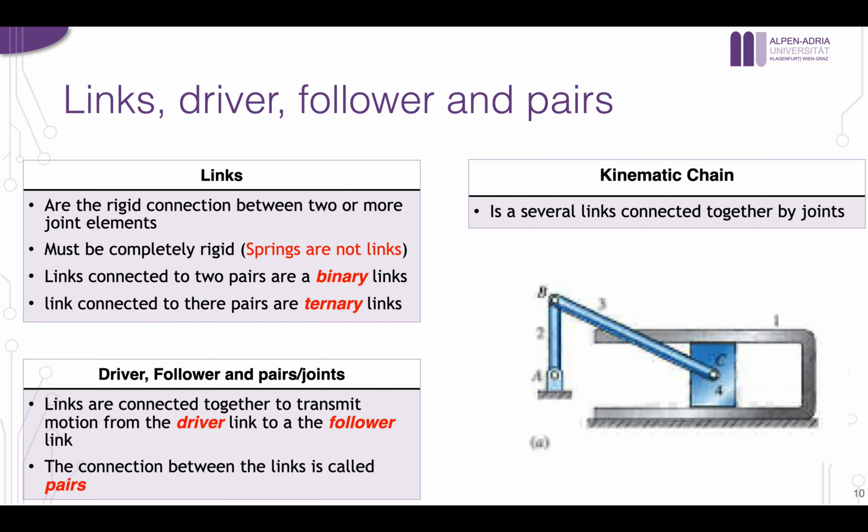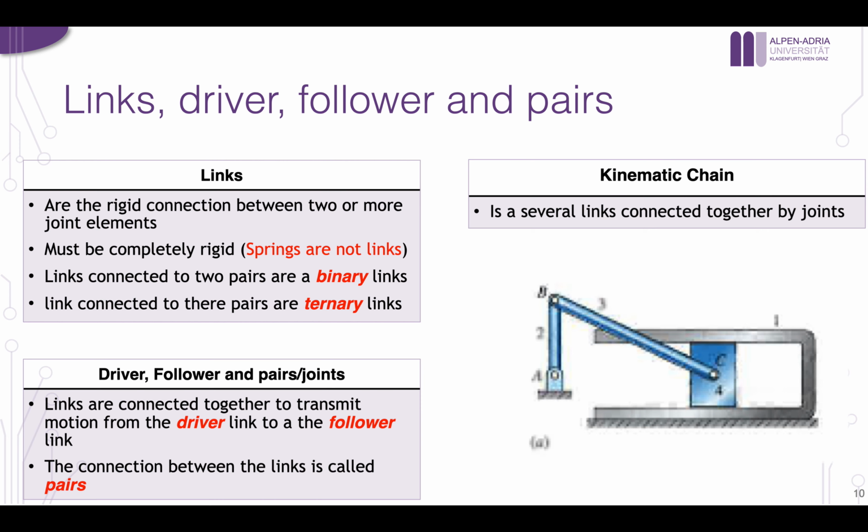Now links could have names, or also different functions. We have what is called the driver link, and the driver link is what is connected to the first source of the movement, or the first mover, or the link that if I move it, it will move other links and move the whole machine.